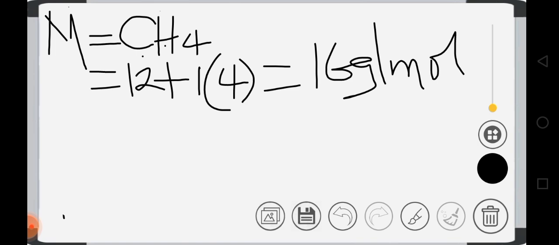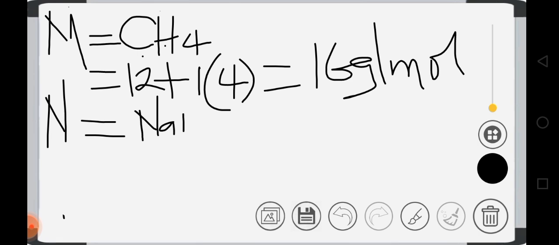So the number of molecules now of methane present in 10 grams will be, we have Avogadro's number. Remember the formula, which is our Avogadro's number times mass divided by molar mass.